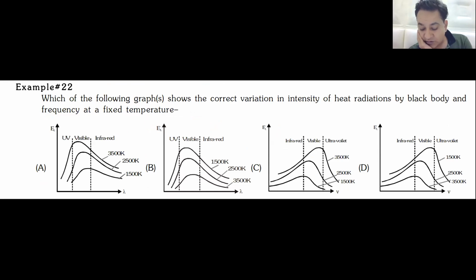Which of the following graphs show the correct variation in intensity of heat radiation by a black body at a fixed temperature? Different frequencies they have given, and different temperatures.